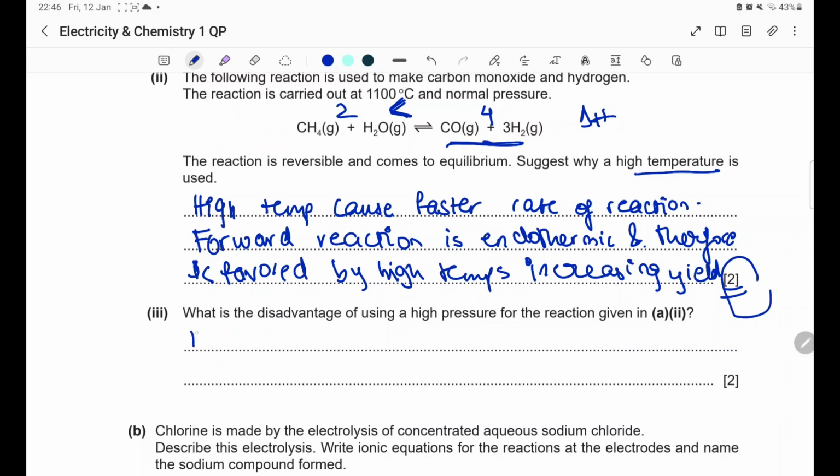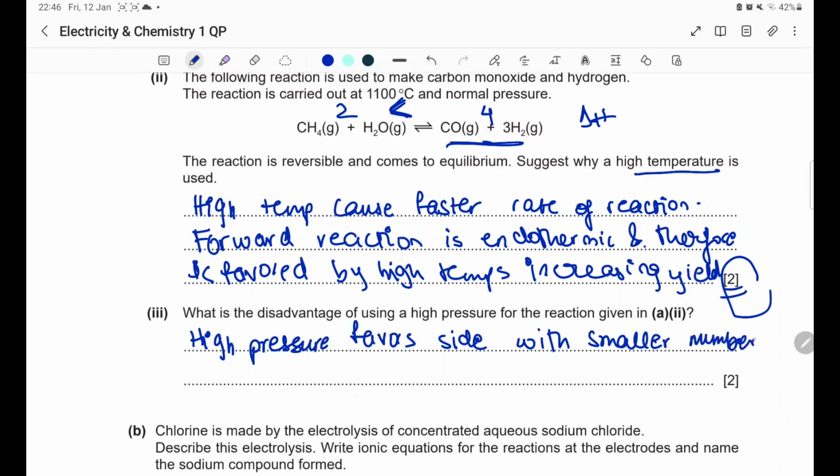So, high pressure favors the side with the comparatively smaller number of moles, which is the left hand side, decreasing product yield.